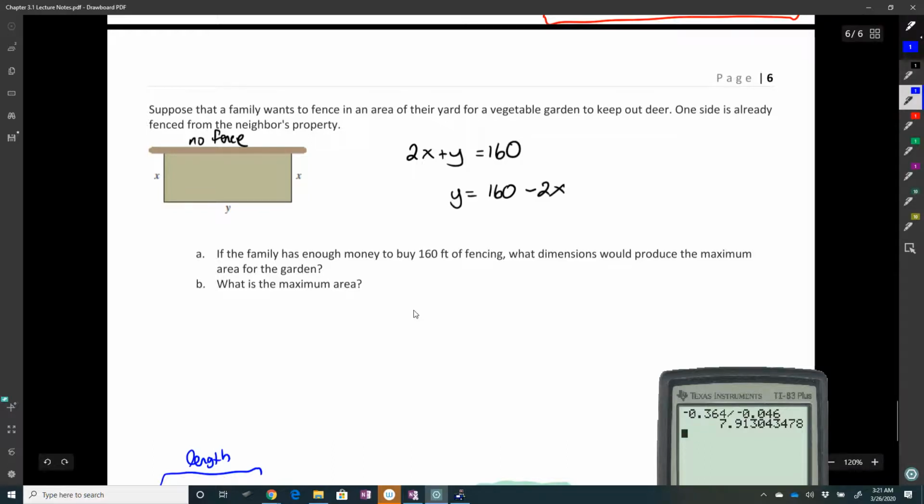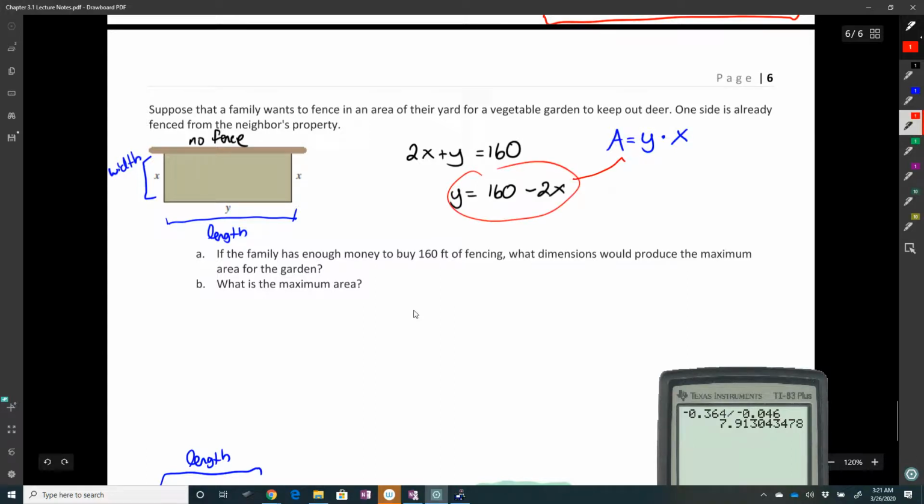So what's the maximum area? Well, remember, area is length times width. Here the length is y, and here is the width, x.